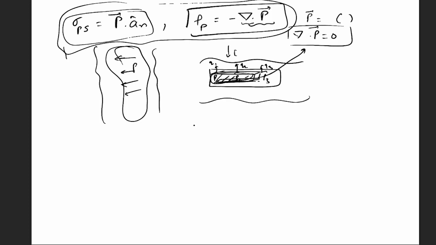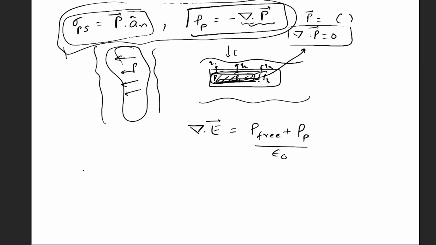So we know that the divergence of the electric field in a dielectric will give us the total charge density, the free charge density plus the volume charge density due to the polarization, divided by epsilon naught.